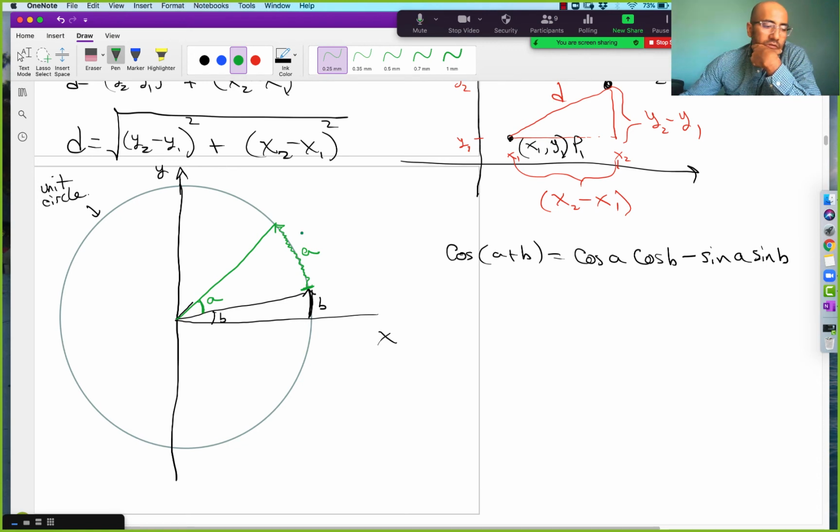So therefore, it must be true that from here to here, in red, from there all the way to there, that must be angle A plus B. Good.